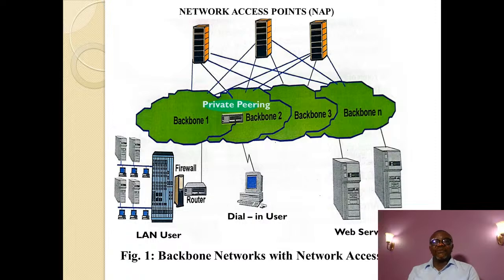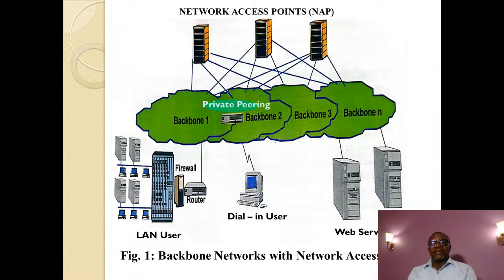So they have common interest between backbone 1 and backbone 2. So two of them can agree and establish what is called private peering, so that they don't have to go through the other network, but two of them can easily communicate together.